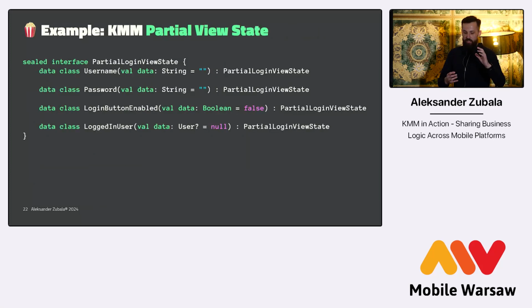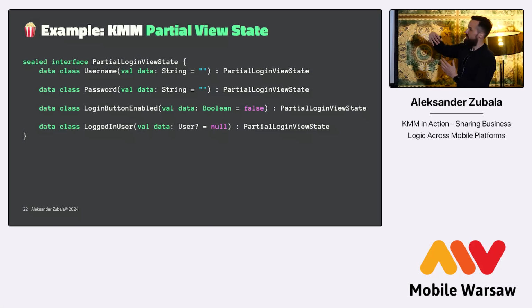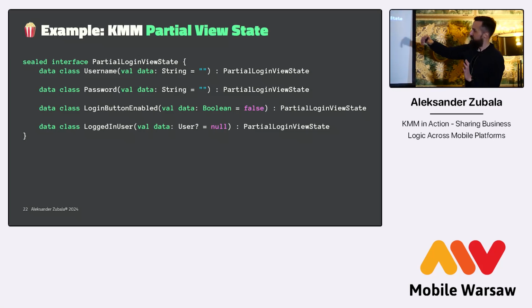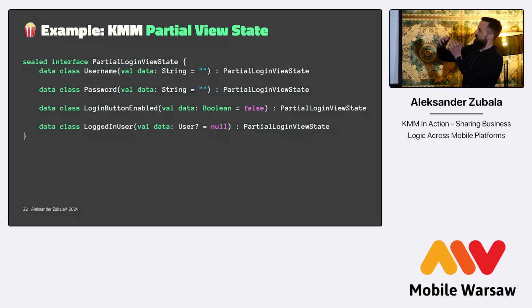And our view state will be composed using a sealed interface. An interface in Kotlin is a protocol in the Swift world, right? So bear with me. A sealed interface specifies the possible implementations of this interface in the same file.